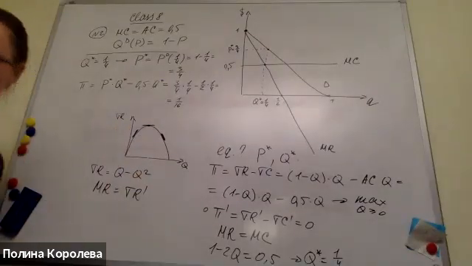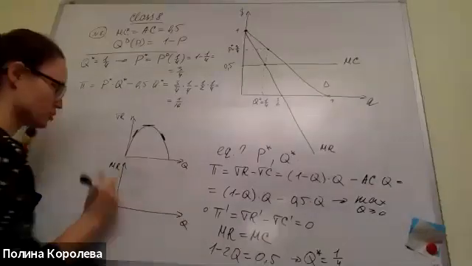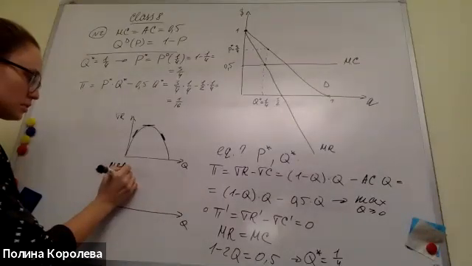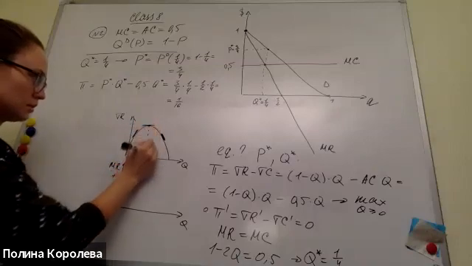We can show it like this. And here will be marginal revenue. So marginal revenue will start from 1 here.